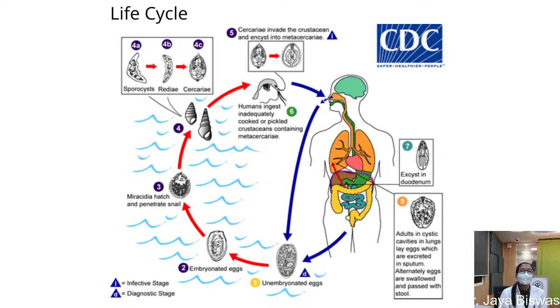Then excystation of this metacercaria will occur, and it goes into the intestine, ruptures the intestinal wall, and comes into the peritoneum. Then it goes into lung alveoli, where it forms a capsule in which it develops into adult and gives its eggs into this cyst.